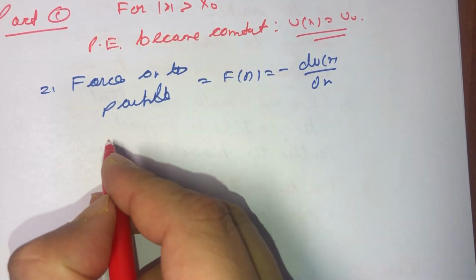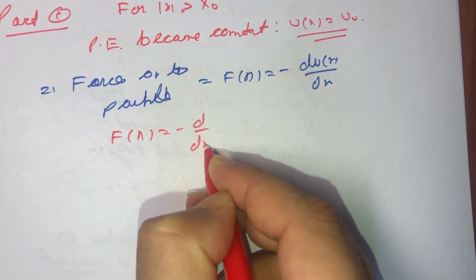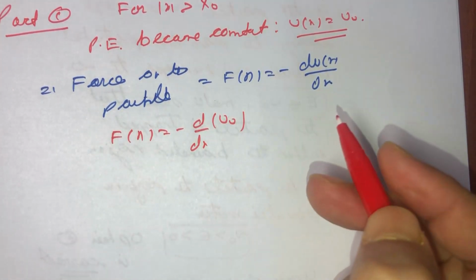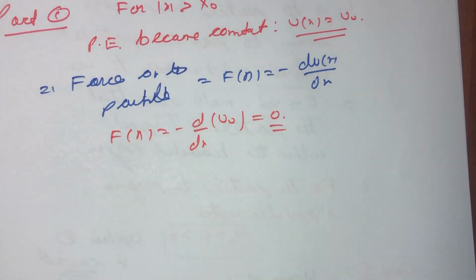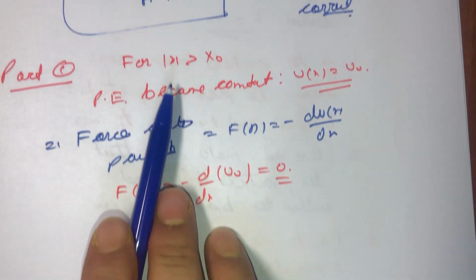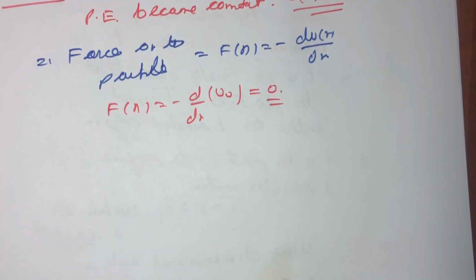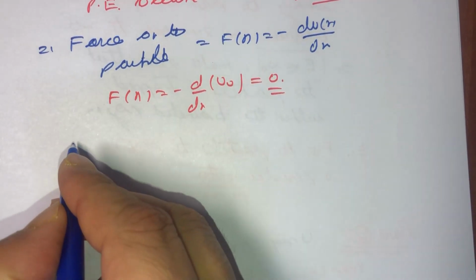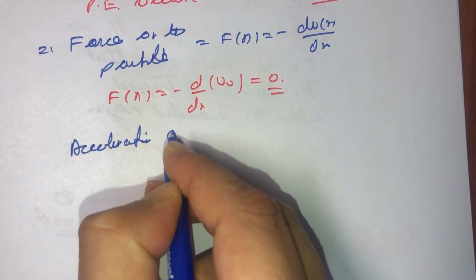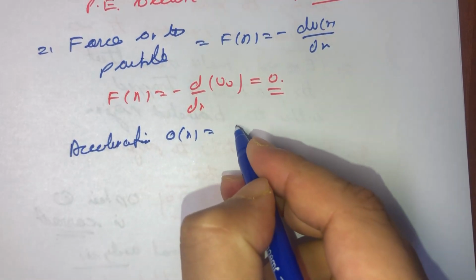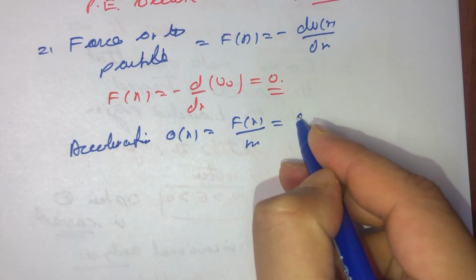So we substitute it here, and we get f of x is equal to minus the derivative with respect to x of V naught, and V naught is a constant, so it gives us 0. So the force for x greater than x naught will be equal to 0. And from here we can also say that our acceleration, given as a of x, is equal to f of x divided by mass m, which is equal to 0.